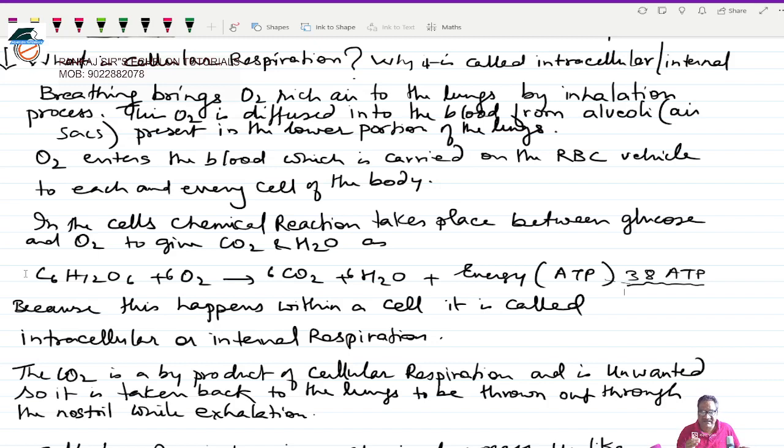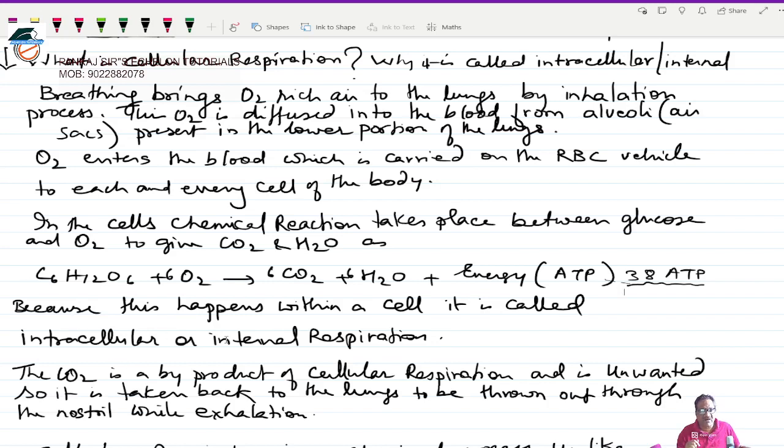Internal बात है ये, internal of the cell this chemical reaction is taking place, and this is the reason this cellular respiration is also called as intercellular respiration or internal respiration. So I hope now you must have understood what is cellular respiration and why it is called also as intercellular respiration or internal respiration. ठीक है?